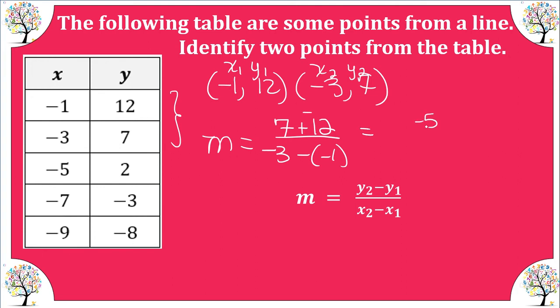This is -5, and then we have keep, change, change, and this gives us -2. Now, what do you know about a negative divided by a negative? Because this fraction bar means division, we know that these cancel out and we have a positive 5/2. So this line slants upward. But don't leave your answer in this form. Go ahead and just cancel those out, and our slope is showing positive.